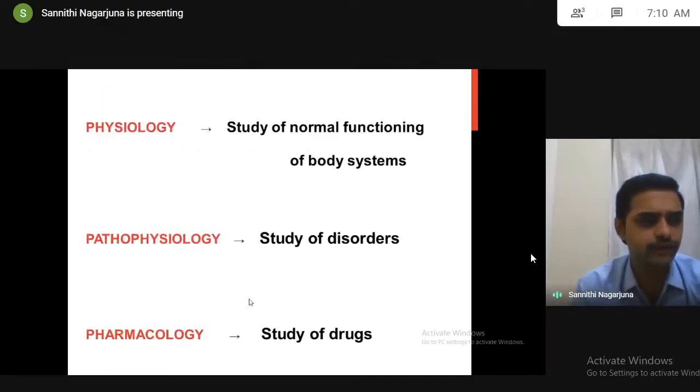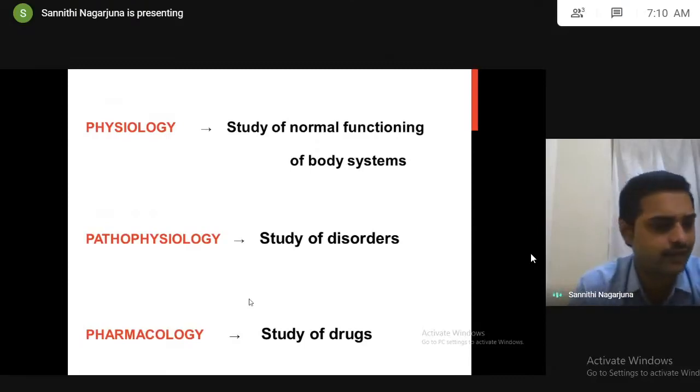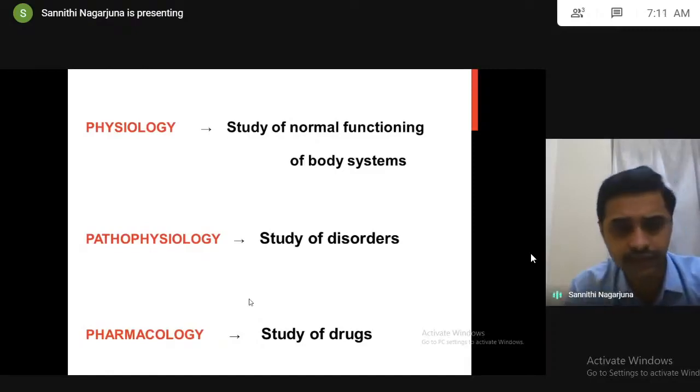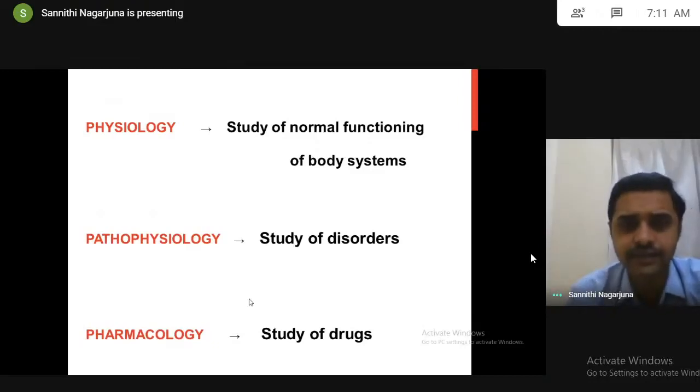Now there are three words you have to see: physiology, pathophysiology, and pharmacology. These are the three branches you should know. Physiology is the study of normal functioning of body systems.